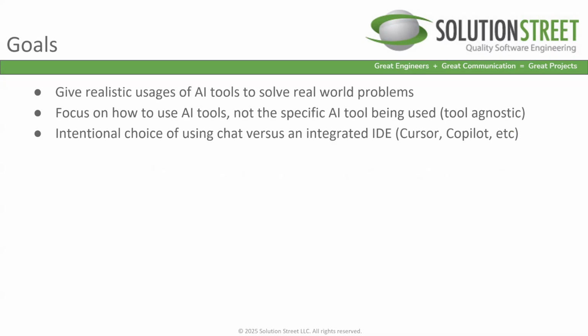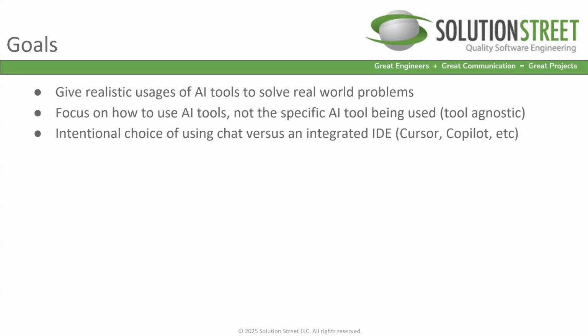So the goals here. I want to give a realistic usage of AI tools to solve real-world problems. I wanted to focus on how to use AI tools, but not on specific AI tools. So this is meant to be tool agnostic. It doesn't matter if you're using ChatGPT, Claude, Gemini, or any other AI tool.